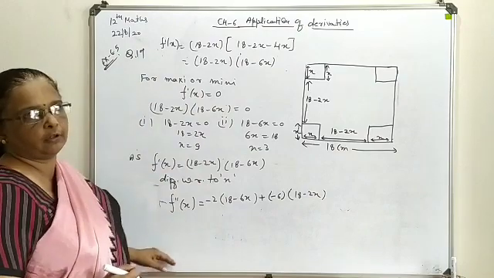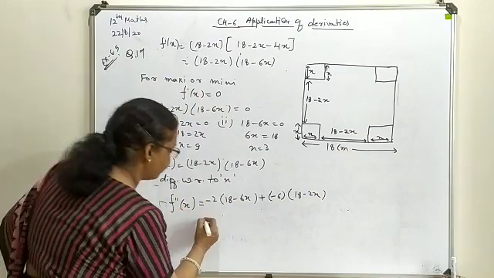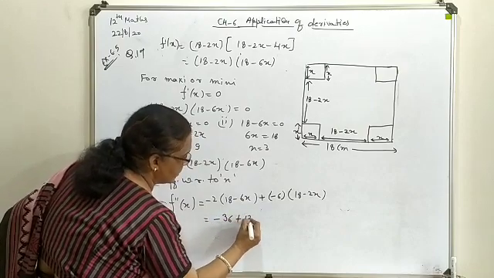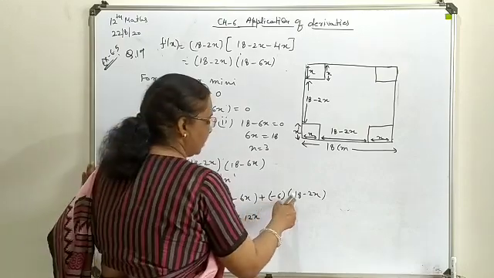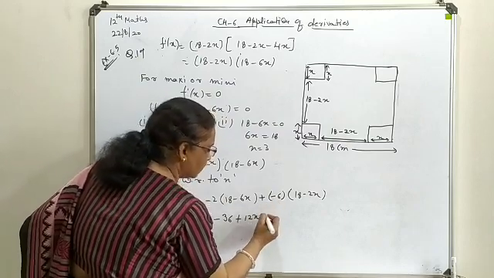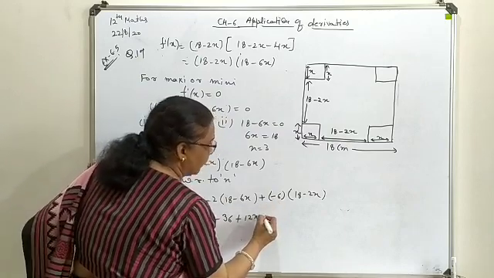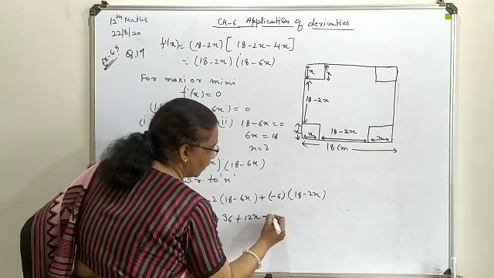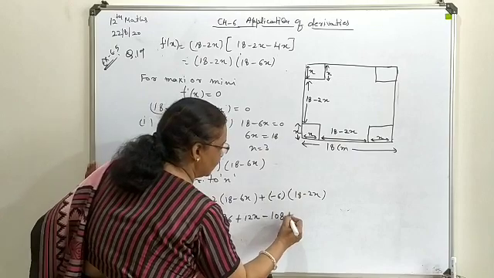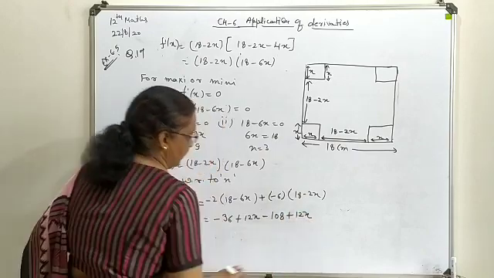Make them separate for constant and variable form. This 18 into 2, 36, minus minus plus 12x. This will give you minus 108. This minus minus plus will give you again 12x.